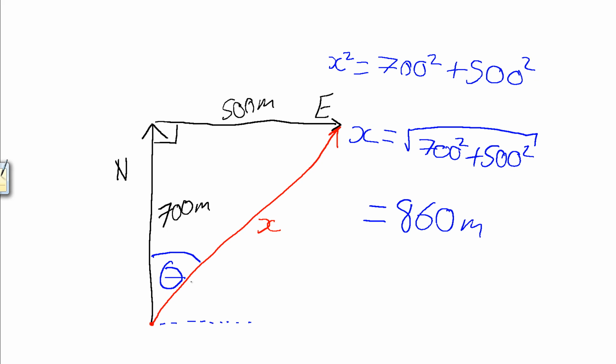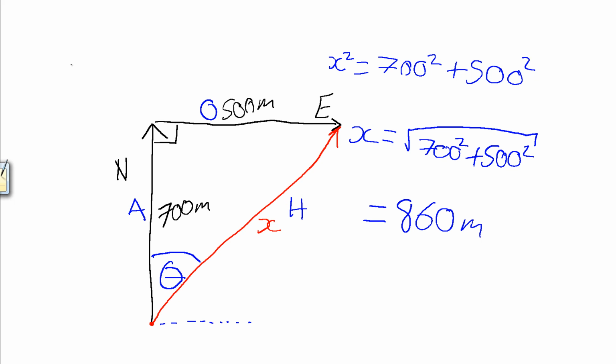The difference is quite trivial, it just changes which trigonometric function we use. So we can see we've got this theta here, and we're going to use trigonometry to find out what size it is. So compared to this theta, this side is our adjacent, this is our opposite, and this is our hypotenuse.